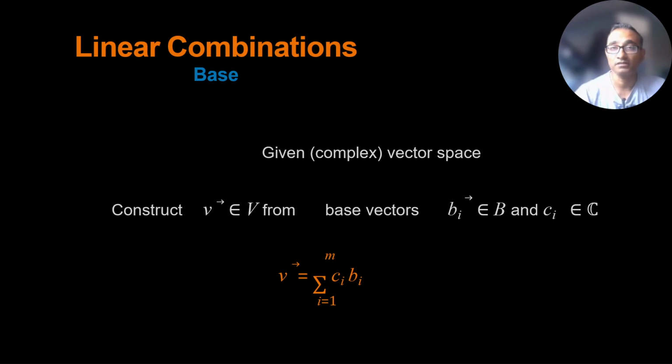And you calculate the product and summation of the product of the vectors b and c over the number of elements. So this is how vectors are calculated in terms of the orthogonal vectors, and this is how the concept of base helps to construct new vectors.